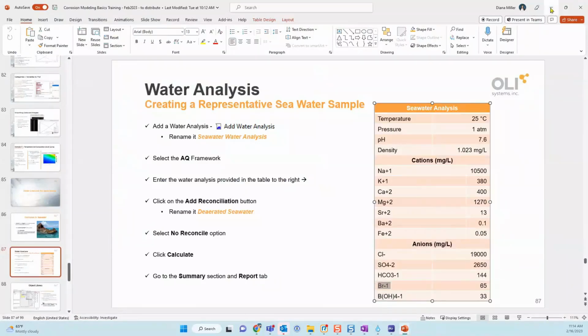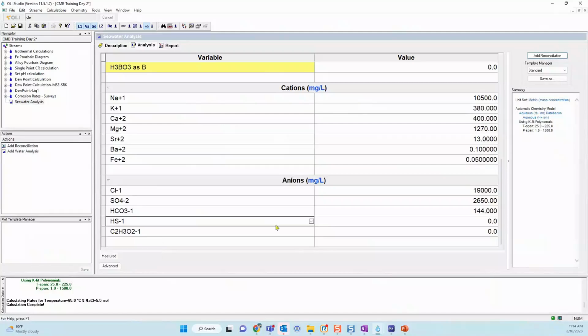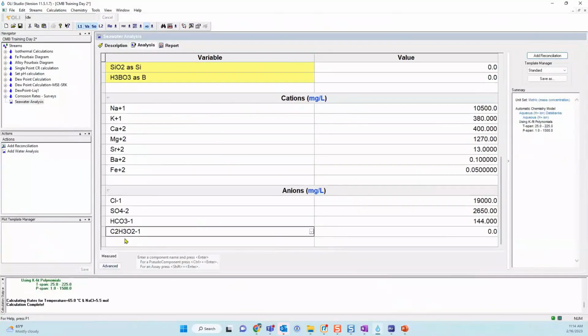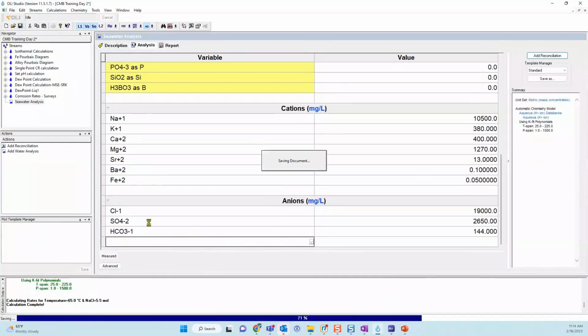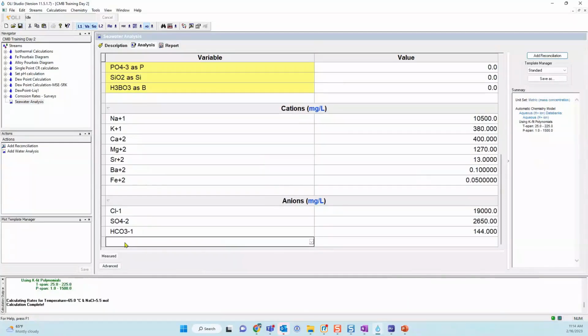But I don't have them here, so how do I enter them, right? I'm going to delete this bisulfide, and I'm going to delete this acetate ion, just with the delete button on my keyboard. And what I'm going to do next is, when I am entering an ion specifically, if it's the bromide, I enter the element Br, and then I have to define the negative, because it's an anion, oxidation state.